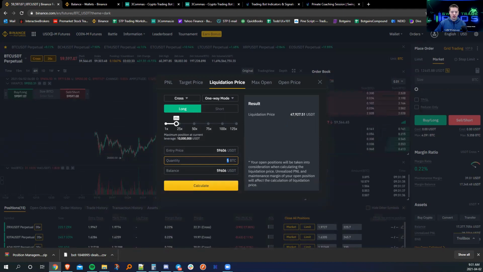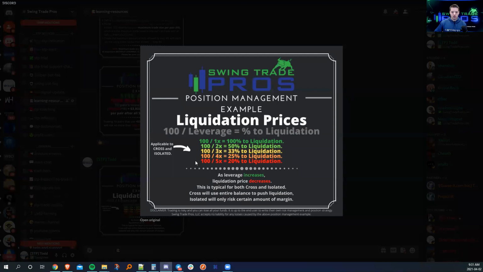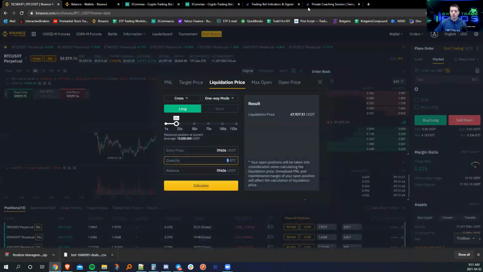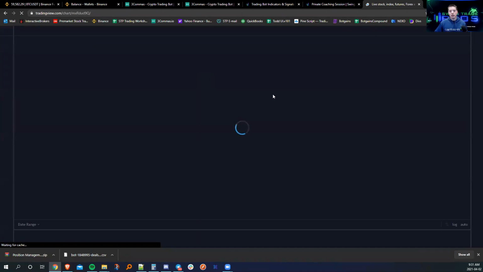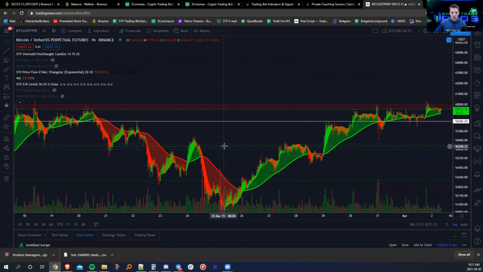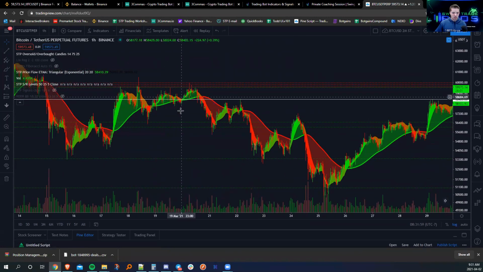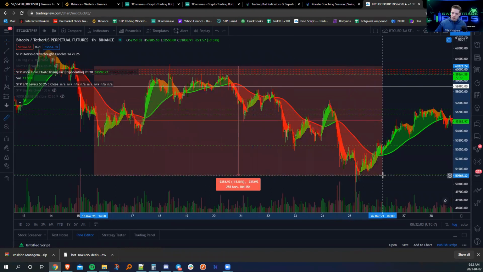That is going to be a 20% move to liquidation. If I go back to my trading chart and look at BTC, we just had a 20% correction earlier. So if you were caught in a 5x trade with something ill-timed, measure down, so 15.5.